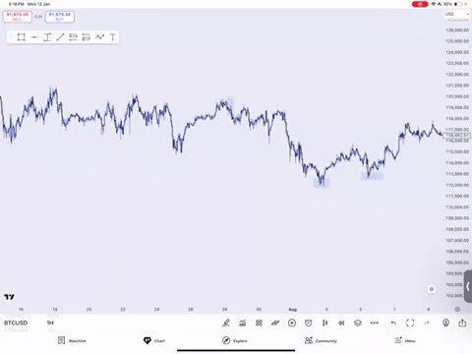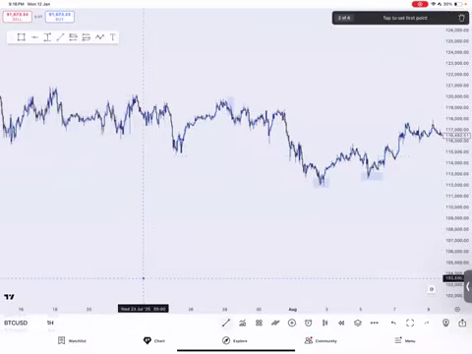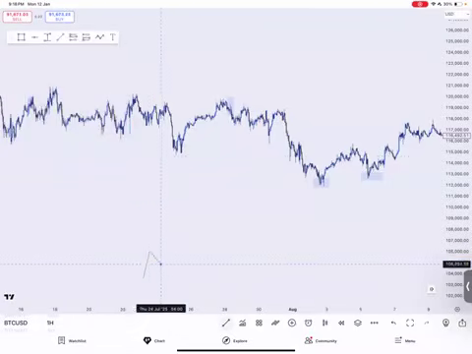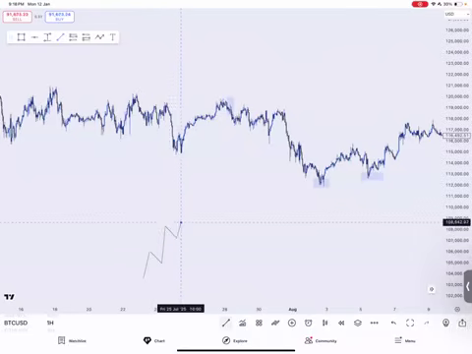The uptrend is basically when the market is giving you a series of higher highs and higher lows. Each high that price presents will be higher than the previous one, and each low will be higher than the previous one as well.